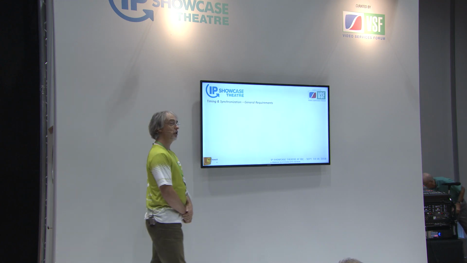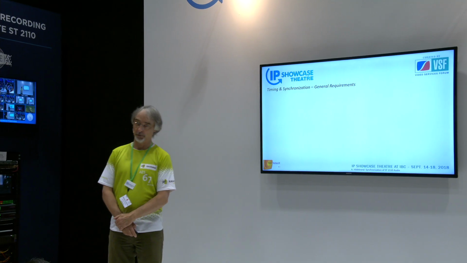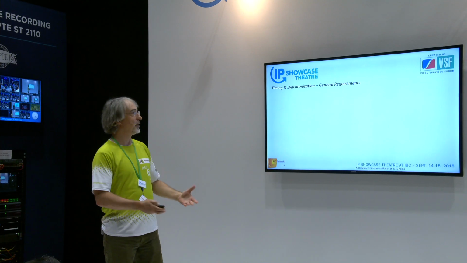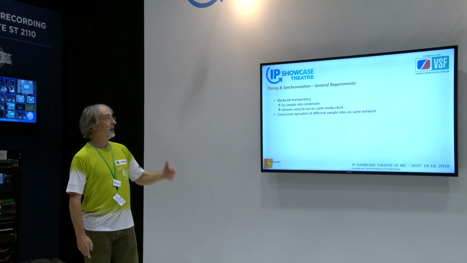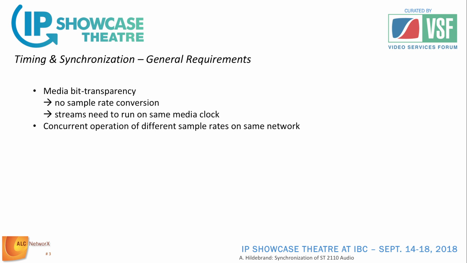Let's look at some general requirements first, which affect the precision requirement of synchronization and what we need to achieve. In general, in any broadcast-related or production-related environment, we want to have media bit transparency. So we don't want to deal with you changing our precious media data.